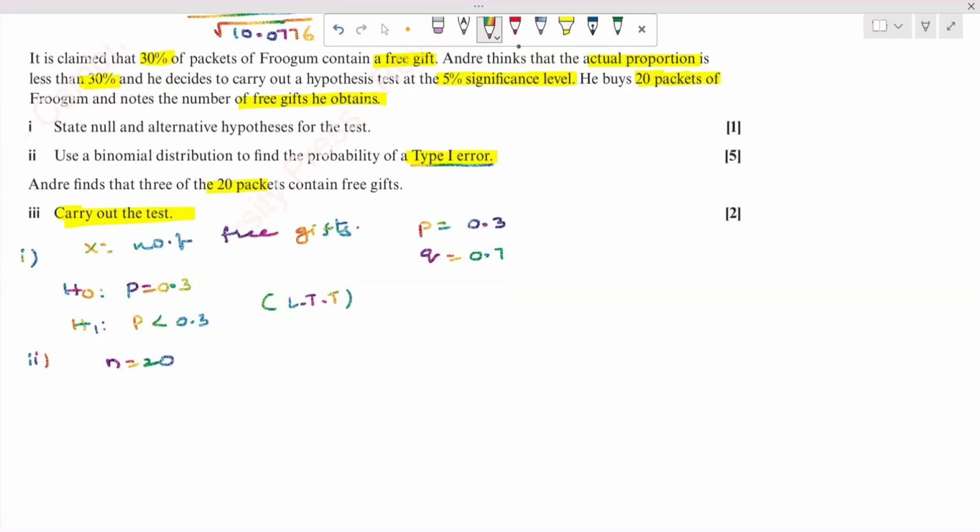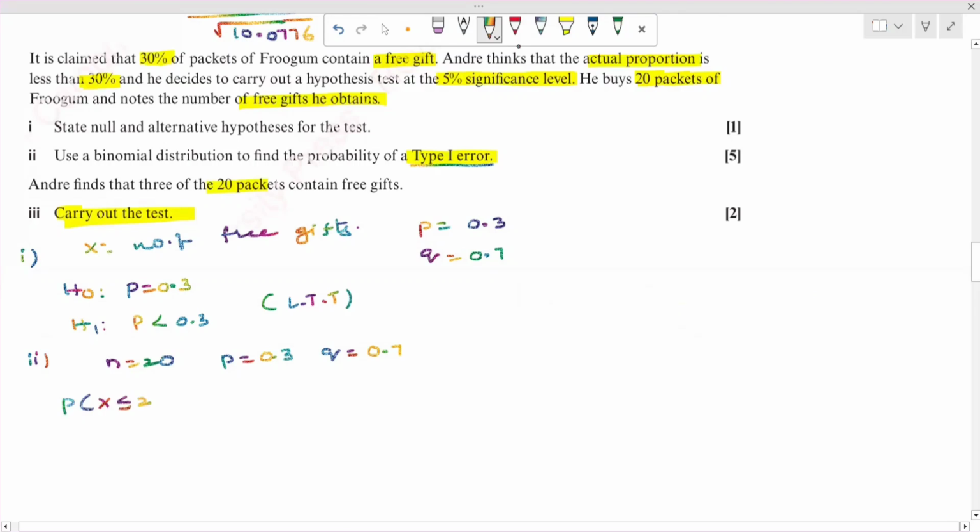N is equals to 20, P is equals to 0.3, Q will be 0.7. We need to find the Type 1 error. The value given here is x less than or equals to 2. Lower tail test means you should check P of X less than or equals to 2.